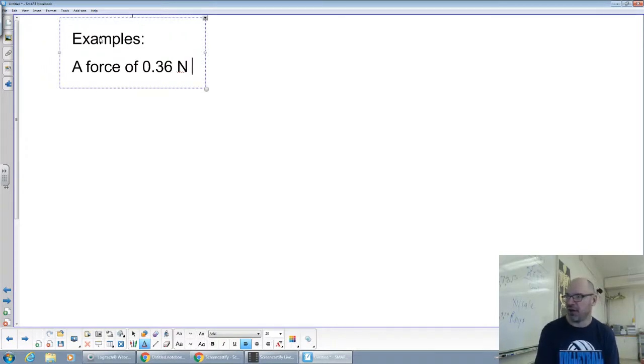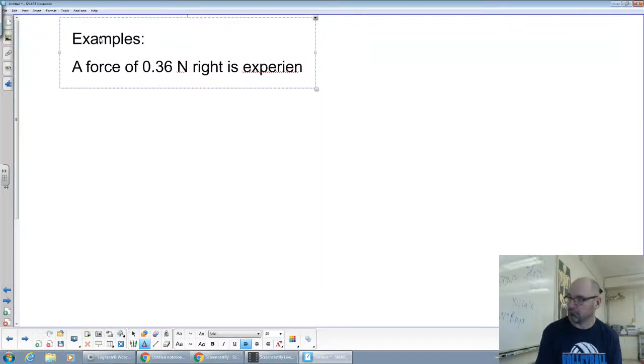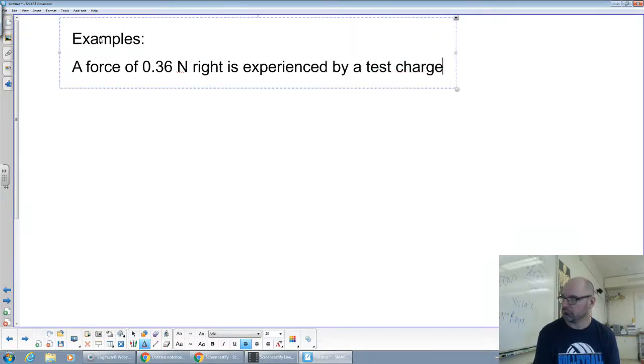So a force of 0.36 newtons is experienced by a test charge of positive, of course, 4.2 microcoulombs.